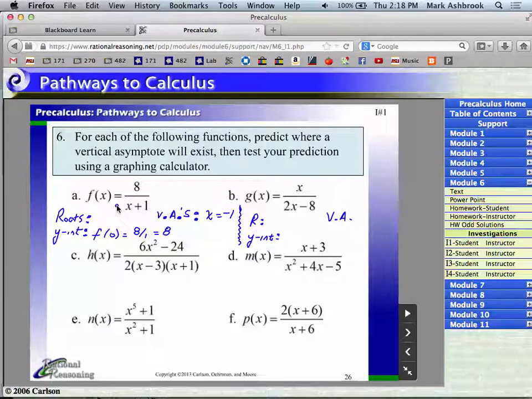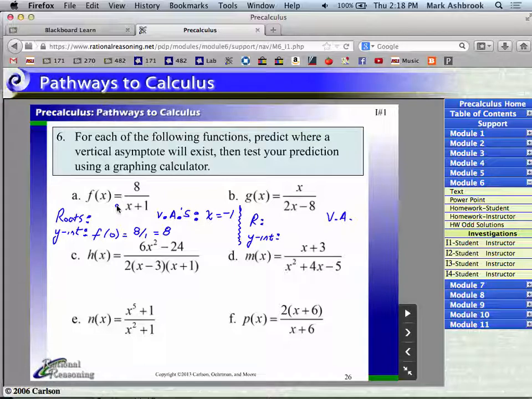What is a root? What does it mean? None? Why none? He's saying f of x can't be 0. Agree with that? So what do we look at for roots?